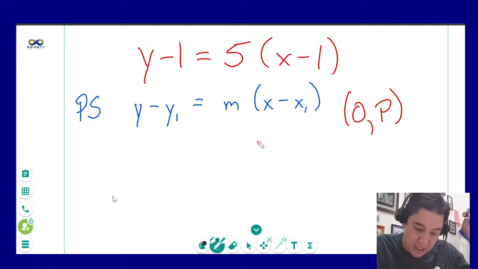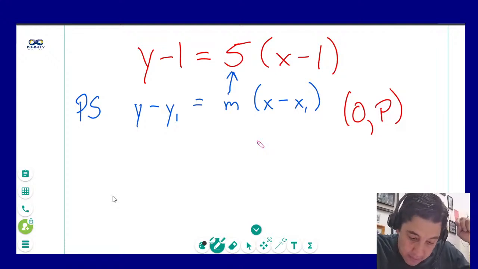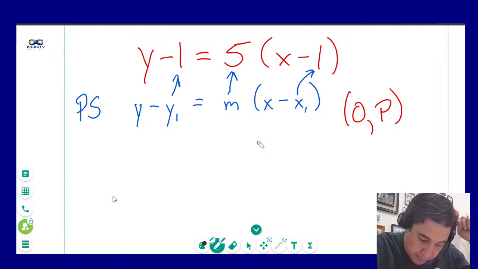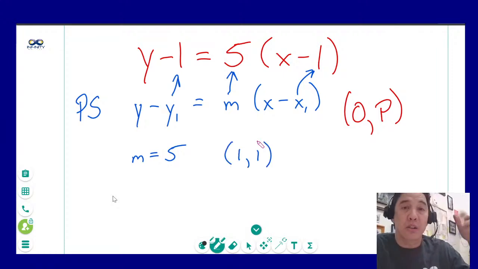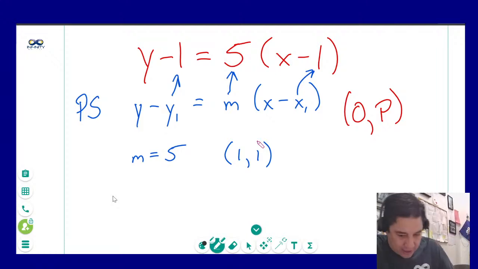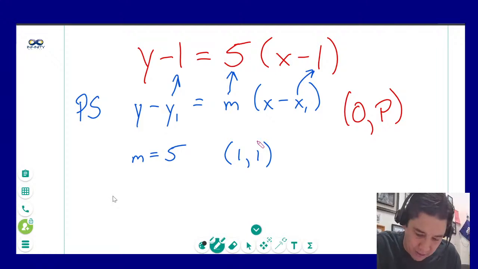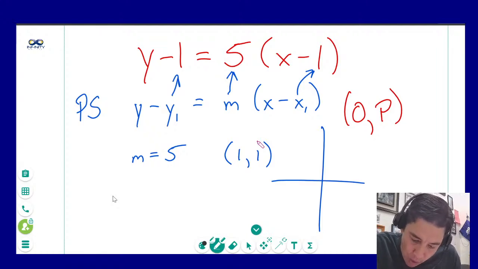So that means the slope is 5, and it contains the point (1, 1). m equals 5, and there is a point (1, 1) on this graph. Now you could use that to figure this question out. We will just for fun, but that's not how you should do it. We know we have the point (1, 1), and we know the slope is 5.